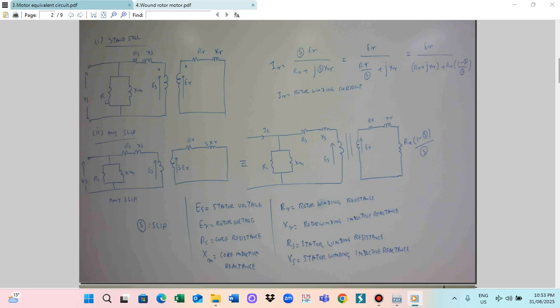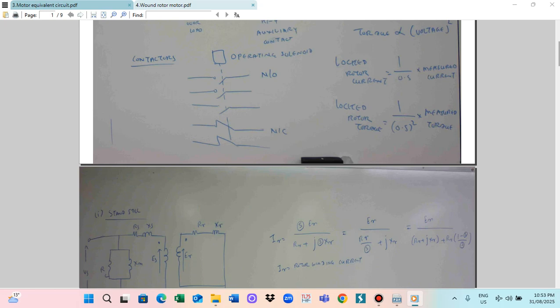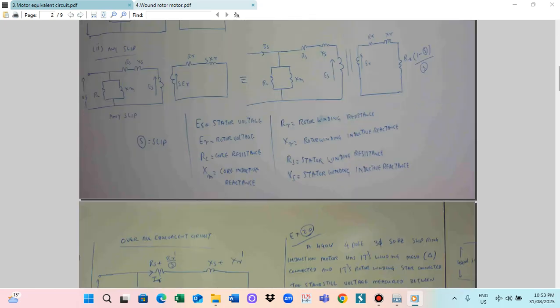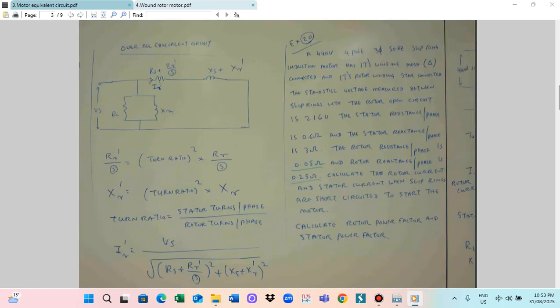Okay, so this one how to calculate the RR dash. So RR dash by S is equal to turns ratio squared multiplied by RR by S. So rotor winding resistance divided by slip and multiplied by the turns ratio squared, you get the RR dash by S. Similarly, XR dash, you can also calculate with the turns ratio. Turns ratio squared multiplied by XR.